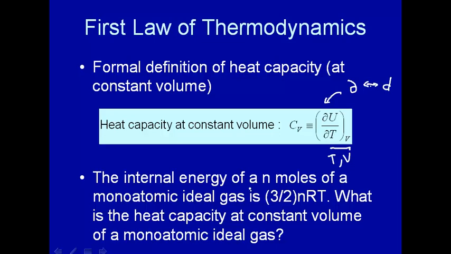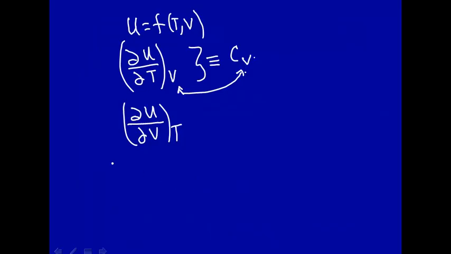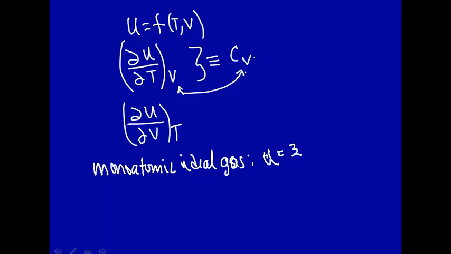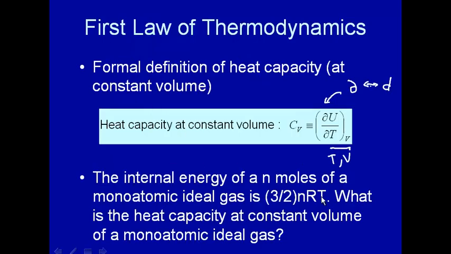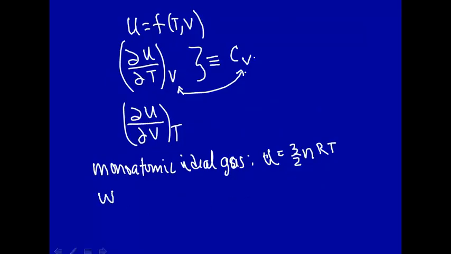All right, so for a monoatomic ideal gas, the internal energy U is 3/2 nRT.